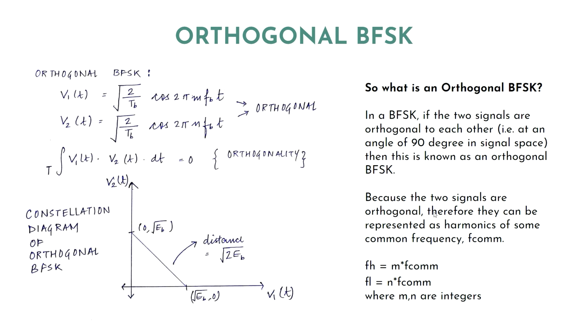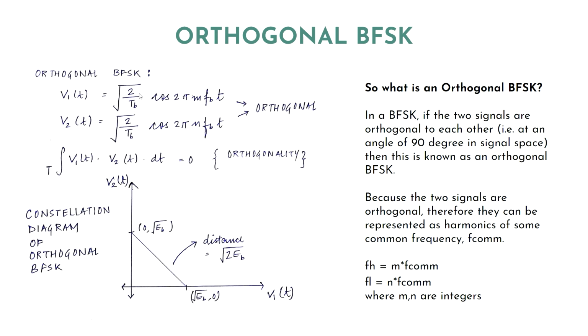Now, because the two signals are orthogonal, they can be represented as harmonics of some common frequency, f common. So it's represented here, fH equal to m into f common, fL equal to n into f common. Now we have the two orthogonal signals here, V1(t) and V2(t).